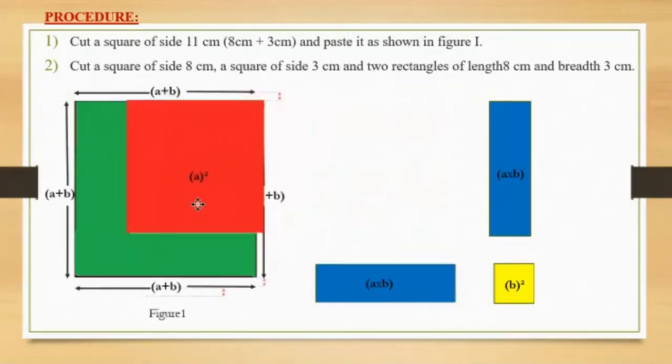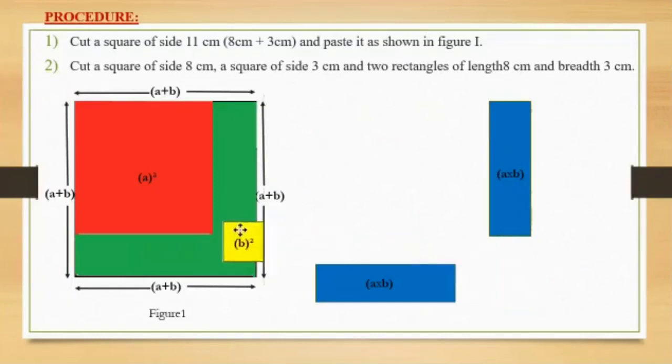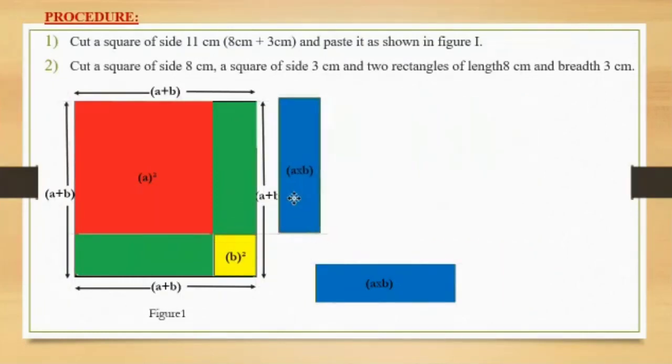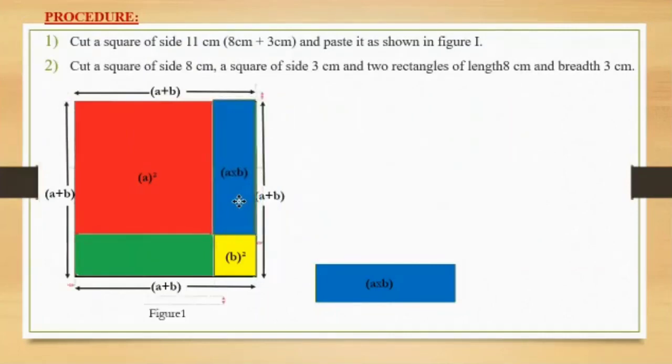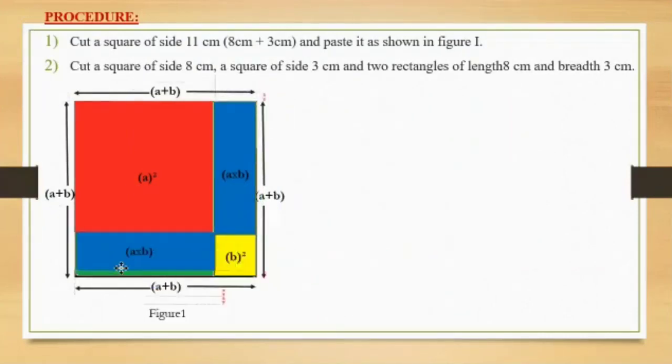I take this square and put it here. Then I take the second square and put it here. I take this rectangle and put it here, and the second rectangle over here. So this square, these rectangles and this square have all completely overlapped the square of side a + b units.